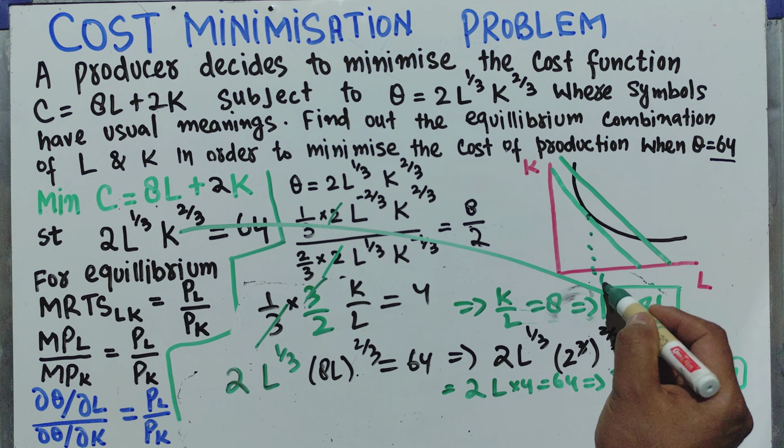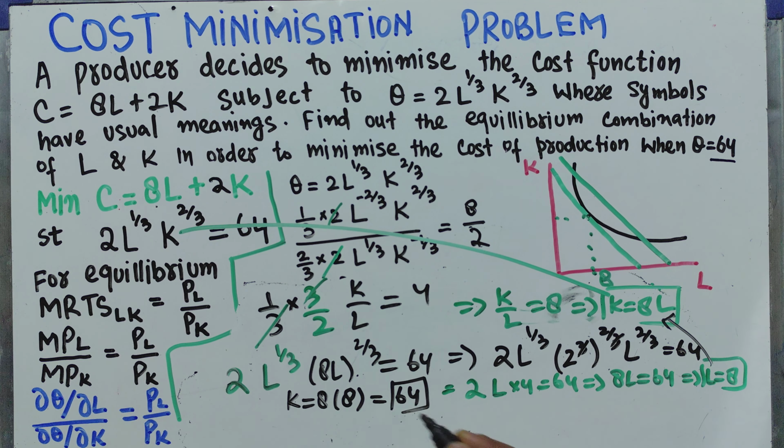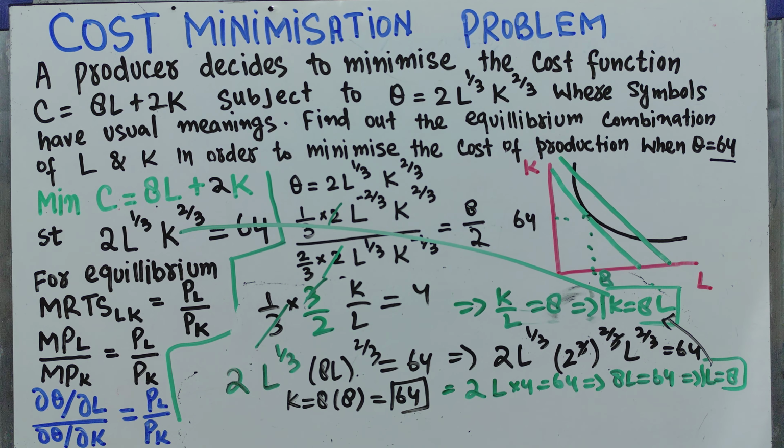We need to employ 8 units of labor. To find out the units of capital, simply plug L is equal to 8 in this equation. So k will be equal to 8 into the value of L, which is 8, which comes out to be 64. So we need to apply 64 units of capital and 8 units of labor to minimize the cost.